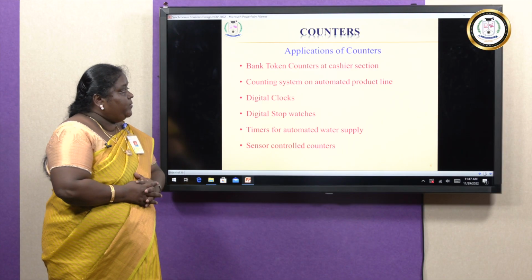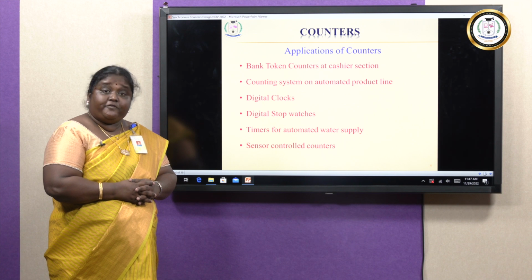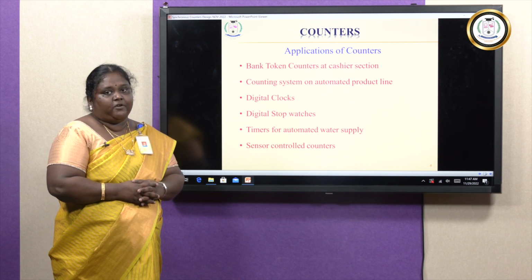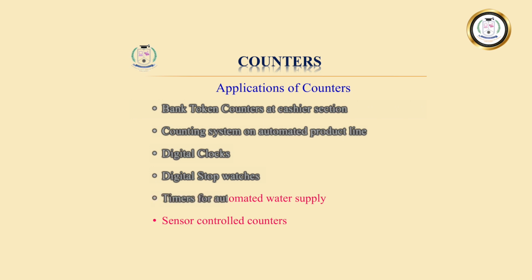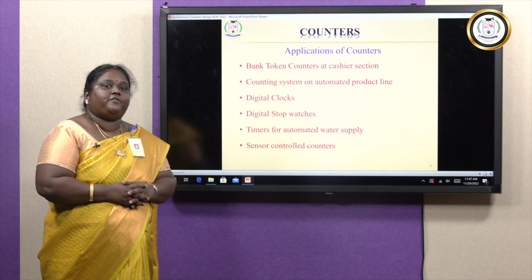Bank token counters at the cashier section are one of the most important applications of counters. Others include the counting system of an automated product line in manufacturing industries, digital clocks, digital stopwatches, smart watches, timers required for turning off the power supply in an automated water supply system, as well as some sensor control counters. These are the various applications of counters.